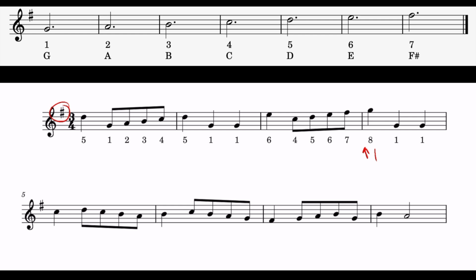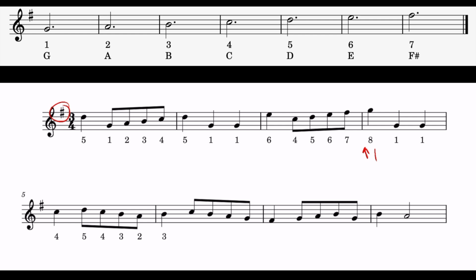The next part of the melody starts on a C, which is our 4, and then we have a descending scalic pattern, which goes D, our 5, C, our 4, B, our 3, A, our 2, and then we don't go to our 1 here, we go back up to our 3.